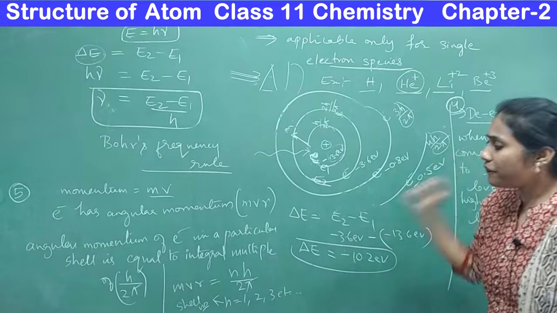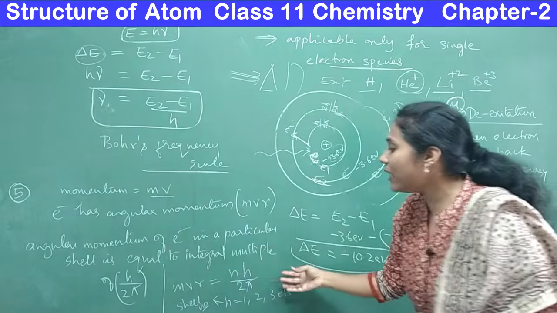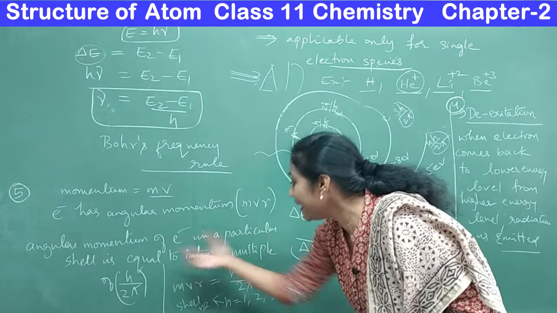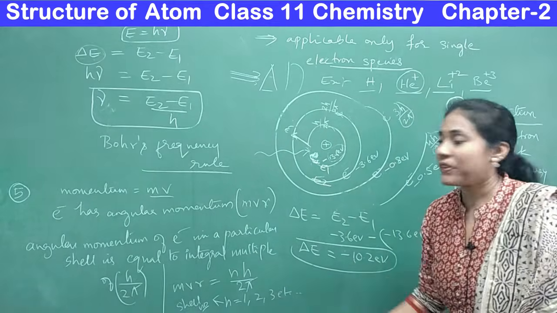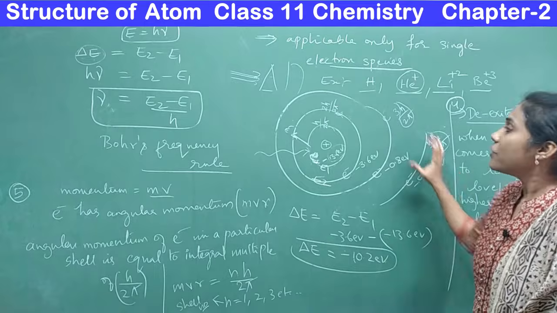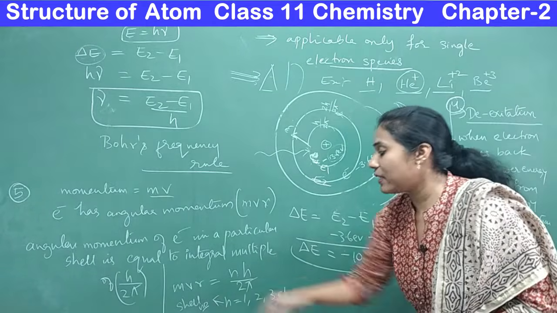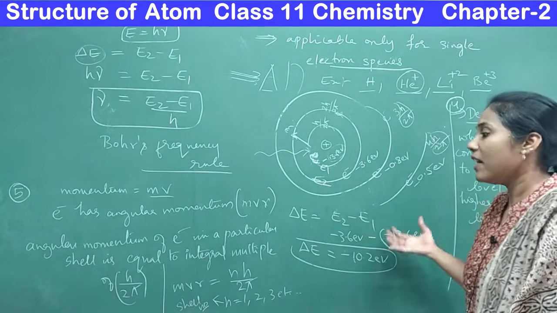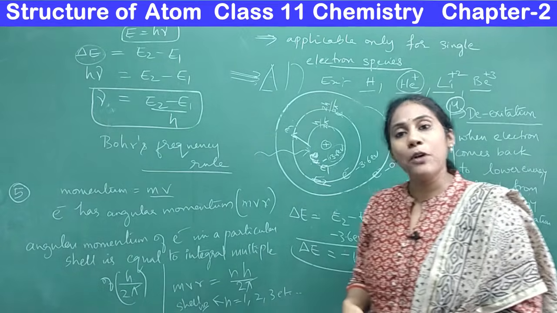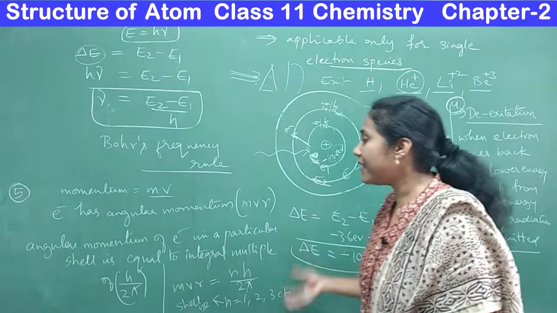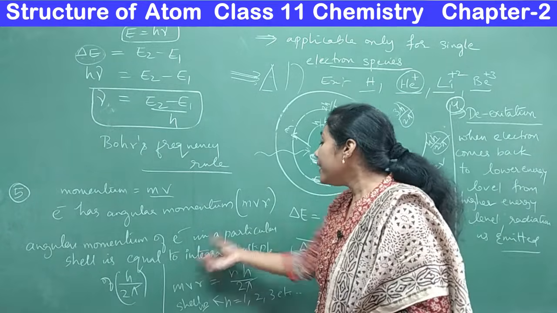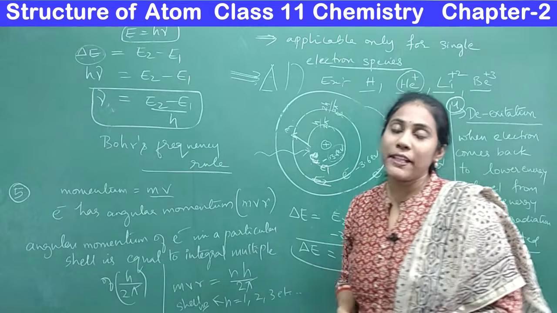That means every electron has an angular momentum equal to an integral multiple of h by 2 pi. So only the n value differs. N is nothing but the shell number. Bohr has given the formula to calculate the angular momentum of an electron, and he says that it is an integral multiple of h by 2 pi.